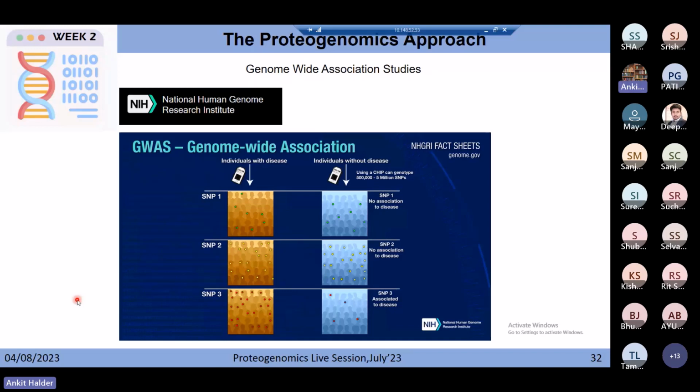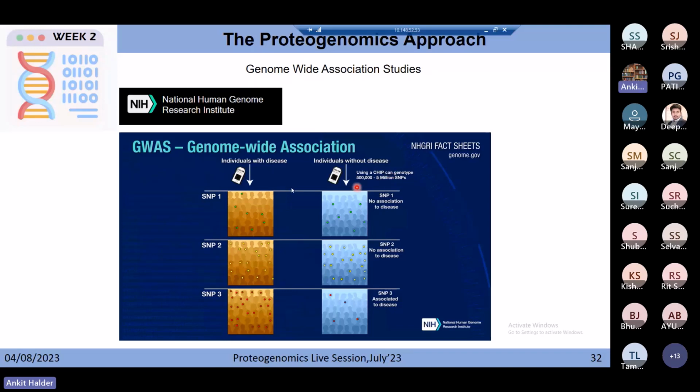After this, another thing is the genome-wide association studies. I think you might have heard about this term, GWAS, genome-wide association studies. So what is this? These are studies to identify associations. For example, here you see individuals with disease, individuals without disease, and with a chip you can genotype 5 million SNPs.